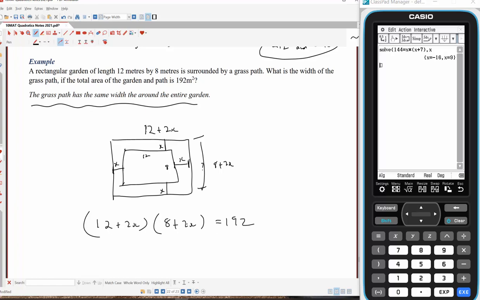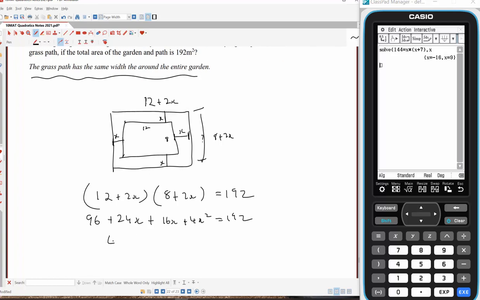Right, so how do we solve this? Well, it's untidy. We're going to have to expand this out first of all. So 8 times 12 is 96. Then we've got 24x, we've got 16x, and we've got 4x squared, is 192.